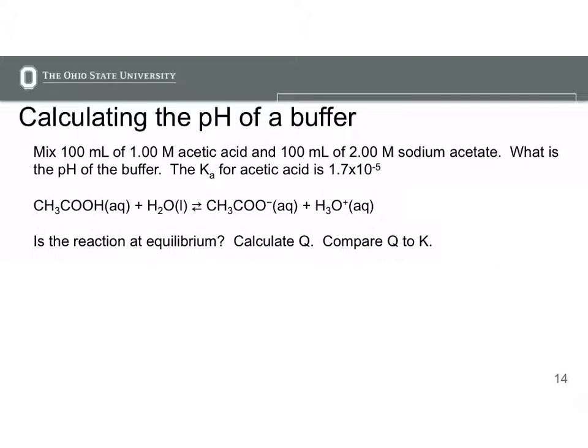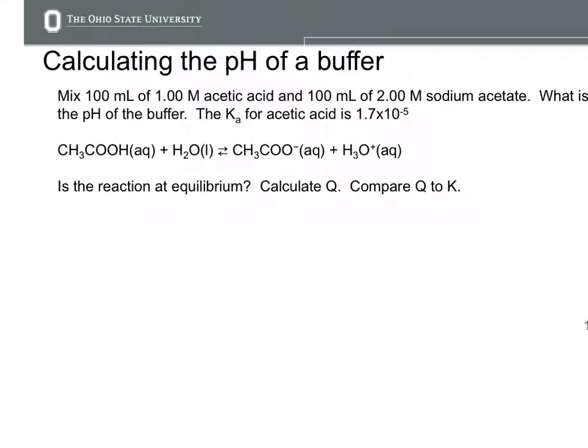All right. So is our reaction at equilibrium? So we're going to start initially with 0.5 moles per liter of acetic acid and 1 mole per liter of acetate ion and 0 moles per liter of H3O plus.